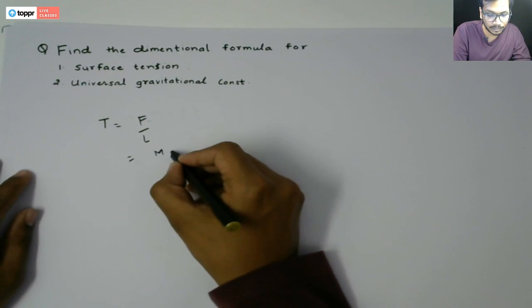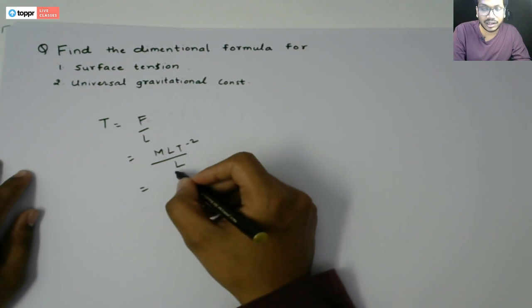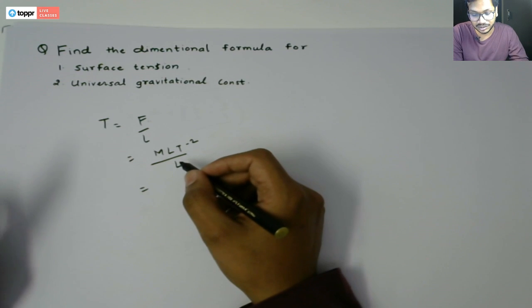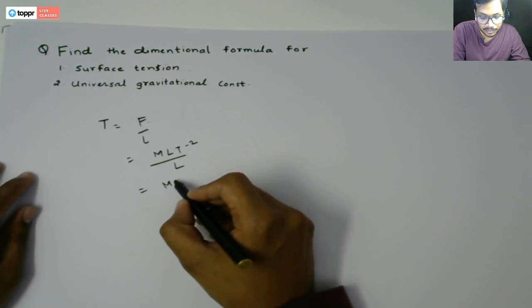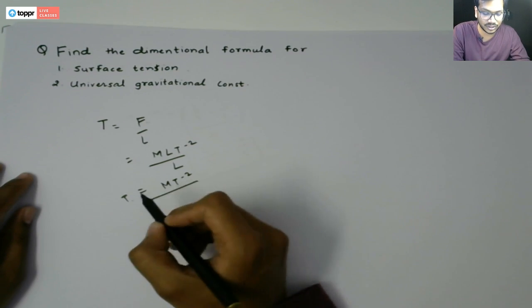So M L T minus 2 divided by L. So now here L and L will get cancelled. Again we'll come back to why this is so and why multiplication and division is different than addition and subtraction a bit later. But here L will get cancelled out. So we'll get M T minus 2.